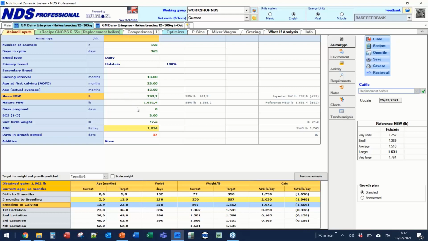Moving forward in our inputs, we ignore the days pregnant because we are working with a breeding group.